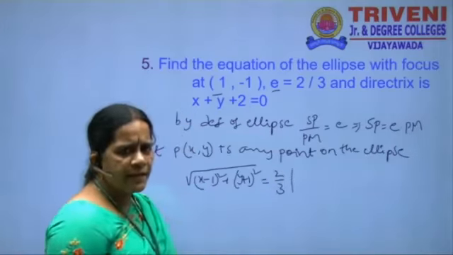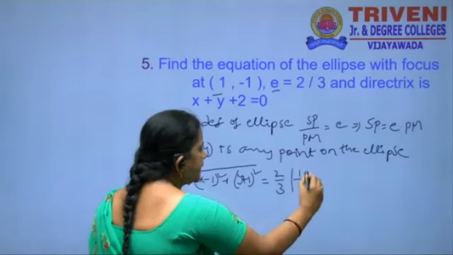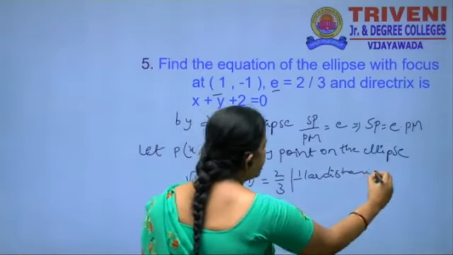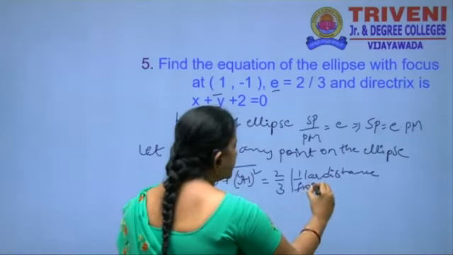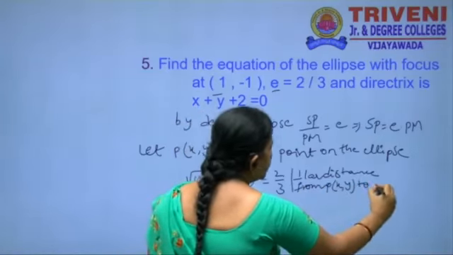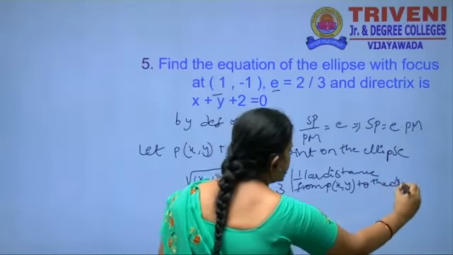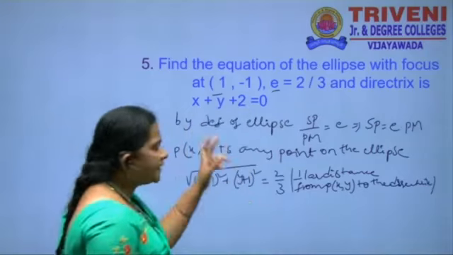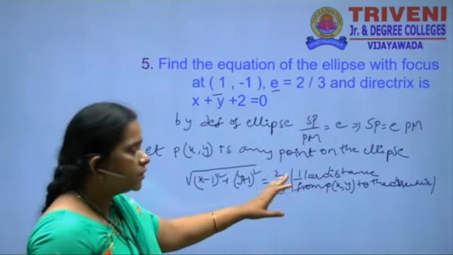And PM is the perpendicular distance from P(x, y) to the directrix. What is the directrix here? x + y + 2 = 0.